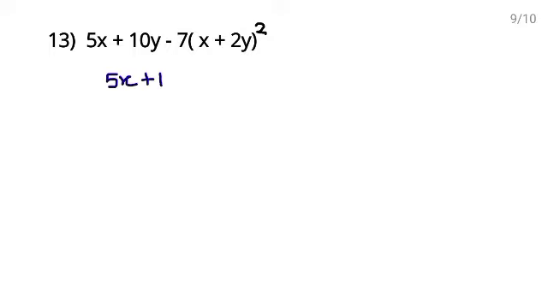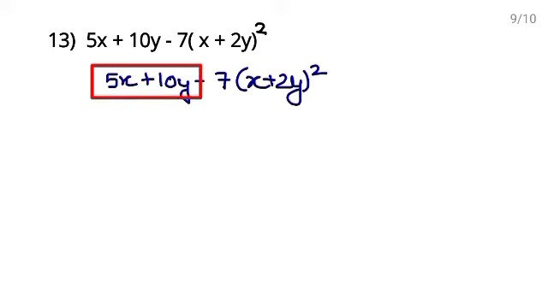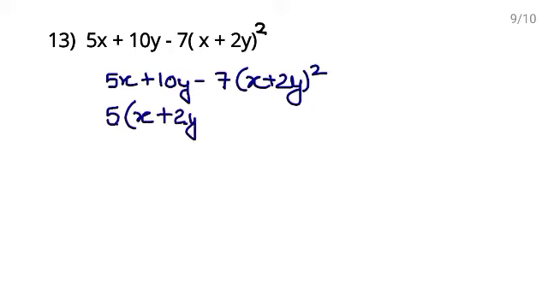Next question, question number 13. 5x plus 10y minus 7 into (x plus 2y) raised to the power 2. Now, from these two terms, we can take 5 as the common factor, right? So, take 5 as the common factor. Now, we have (x plus 5 2s are 10, 5 minus 7) (x plus 2y) raised to the power 2, right?